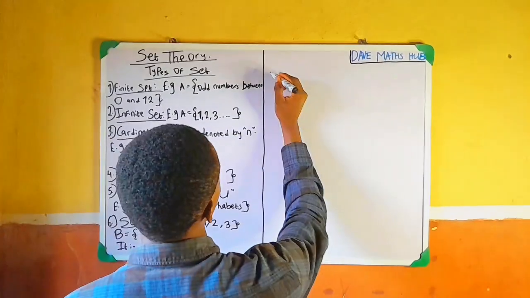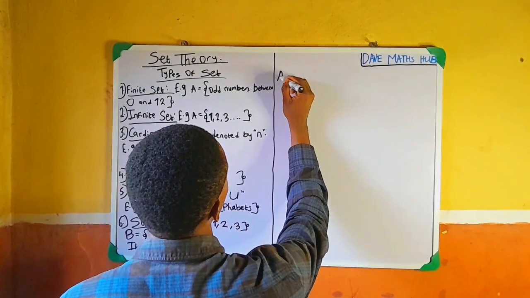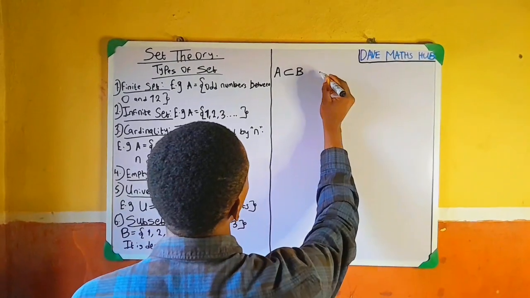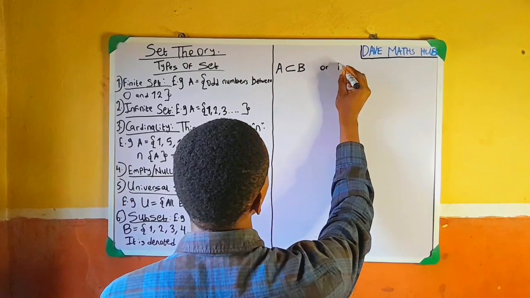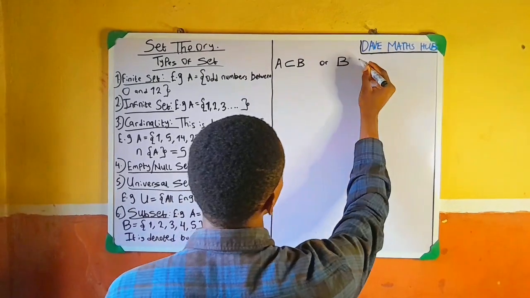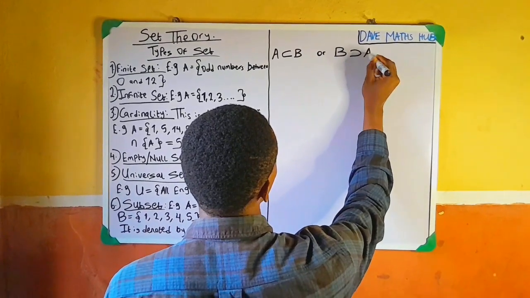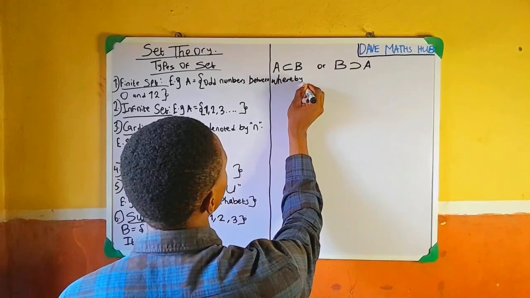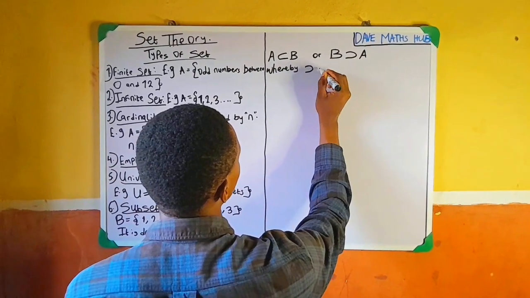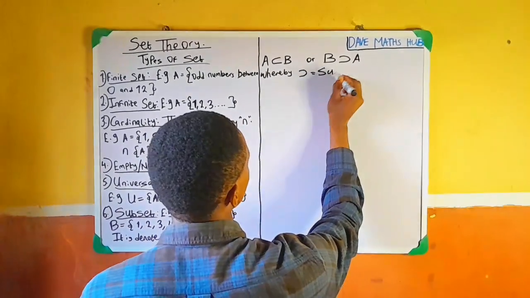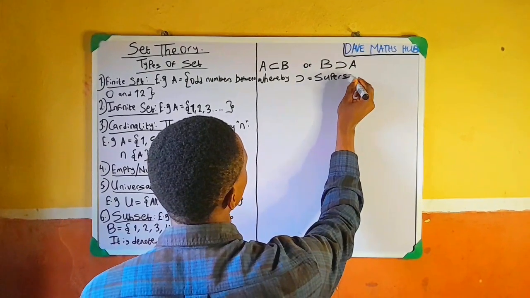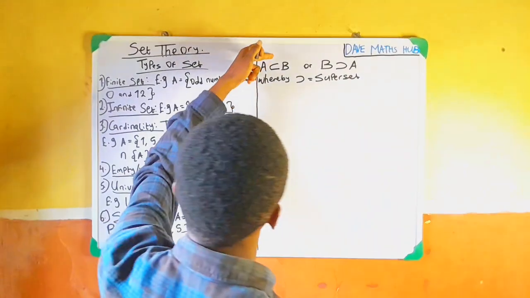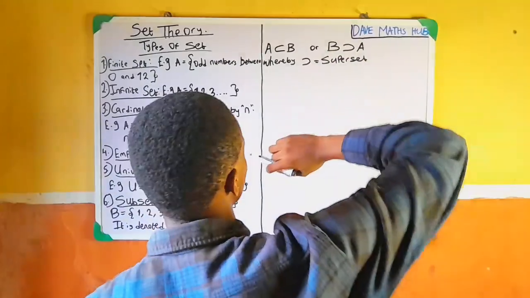So if we should write this, we'll say A subset B, or B then the opposite of A, whereby this now equals superset, telling us that B is greater than A. Just so we can see this as a less than and this as a greater than.